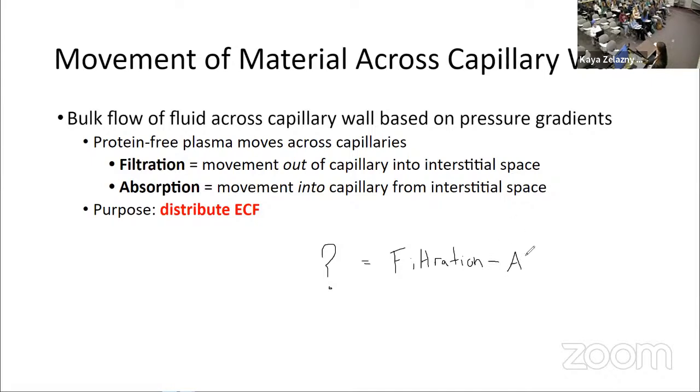So we're going to subtract out our absorption. Either fluid moves out or fluid moves in. So we're just going to add up forces for it moving out and subtract out the forces for it moving in. So conceptually, that's what we're doing as we move through the next bit.